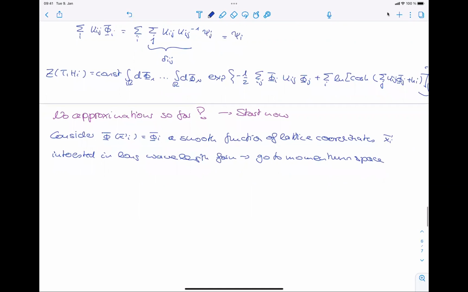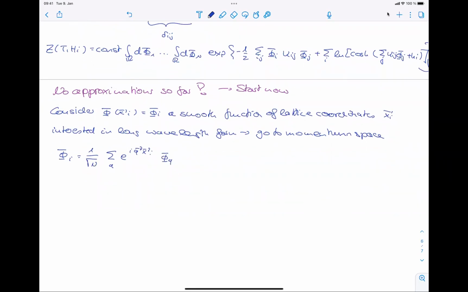Okay, so if we go to momentum space, we define phi of x_i as a sum over e^{iq x_i}, these are vectors, times the momentum field.